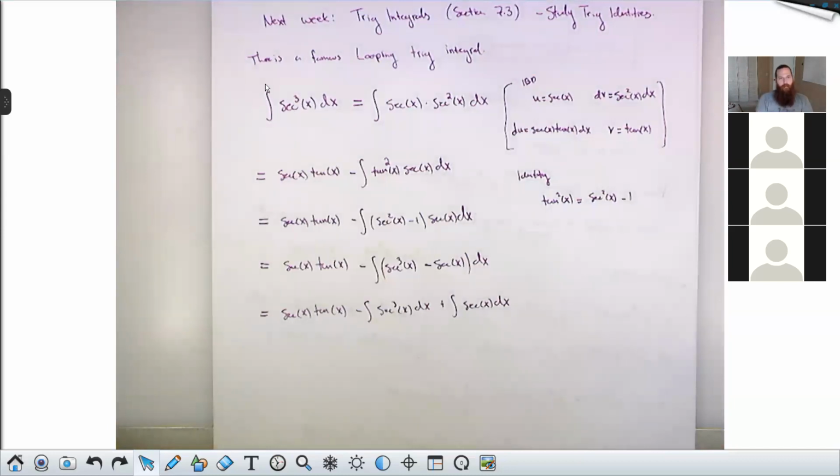So here's what I have. The integral of secant cubed equals secant tangent minus the integral of secant cubed. So I'm going to add this piece back over to make it loop, plus the integral of secant. Does anybody remember the integral of secant? We talked about this when we talked about u sub. This is a strange u sub problem on its own.